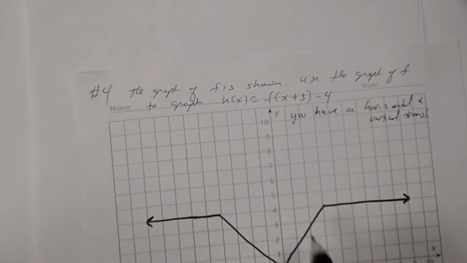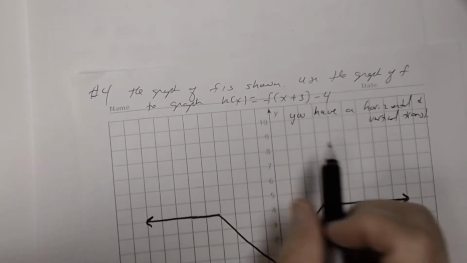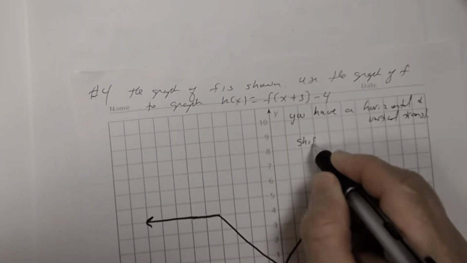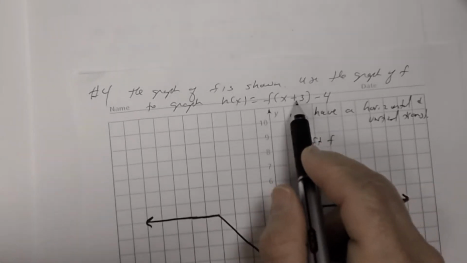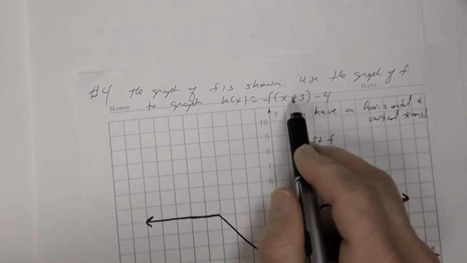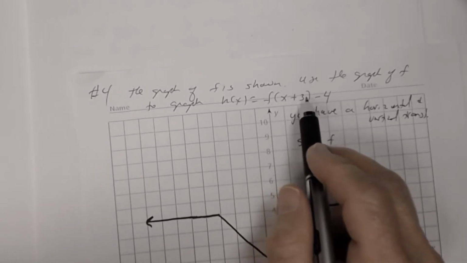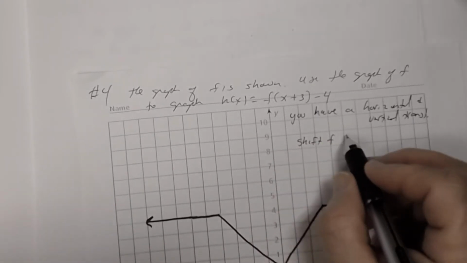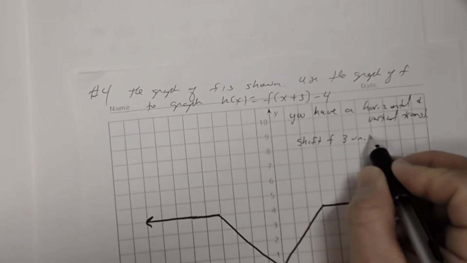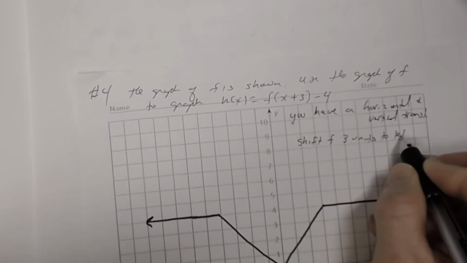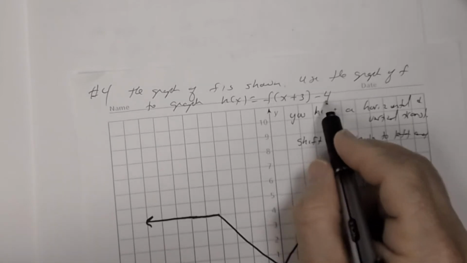Basically what we're going to do is take the graph F and shift F. Now remember, whenever you do the horizontal, think counterintuitive, so it's 3 units to the left. So we're going to shift F 3 units to the left and down 4 units.